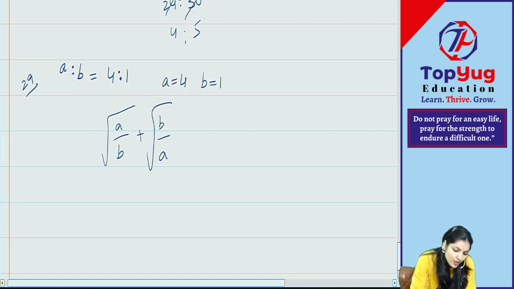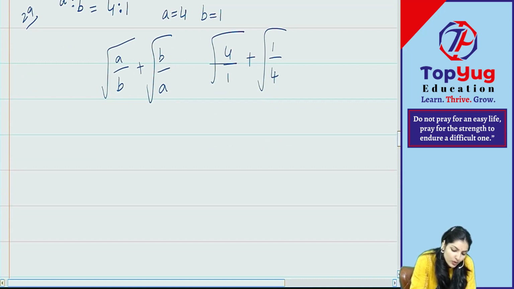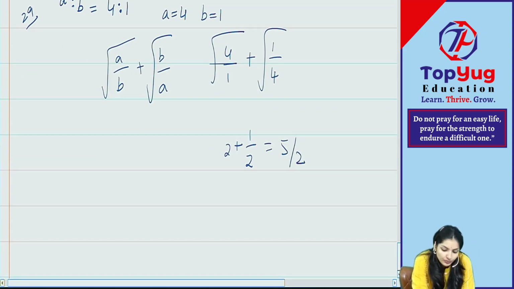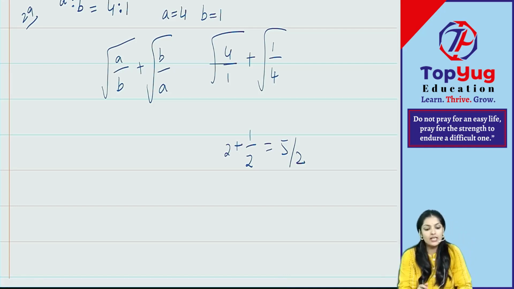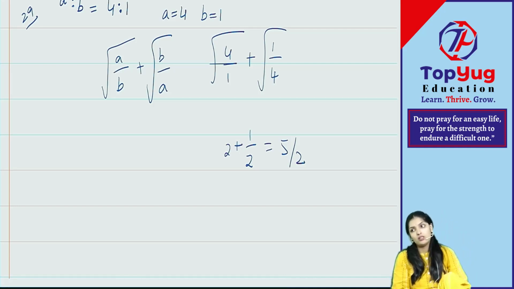You have to just substitute. So the answer here would be 2 plus 1 by 2, so the answer is 5 by 2. Square root of 4 is 2 and then square root of 1 would be 1. Again the same thing goes.